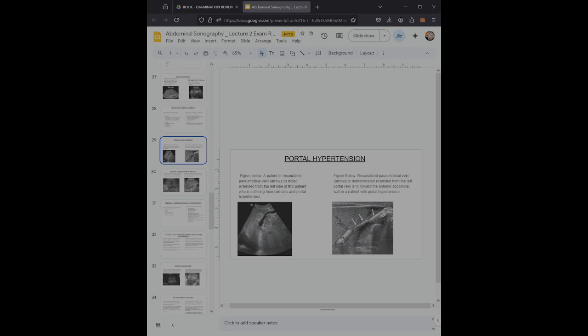Consequently, with this resistance to blood flow, blood traveling into the liver via the main portal vein meets greater vascular resistance, and the pressure within the portal veins increases, resulting in portal hypertension. The hepatic artery, which also brings blood into the liver, has to increase its supply as well, and it will consequently enlarge. So the flow within the portal vein can eventually become reversed, and we term this hepatofugal.